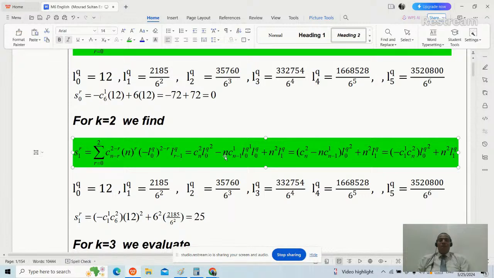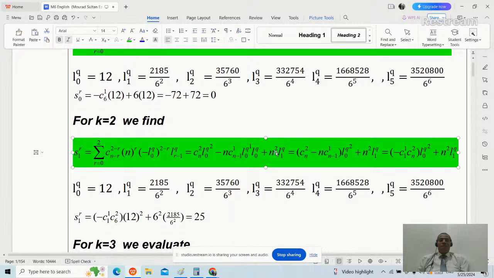Minus, when r equals 1, combination n minus 1 choose 2 minus 1, which is 1, that's why he wrote C n minus 1, 1, times L0 of x over q, since 1 minus 1 is 0, that's why we wrote L0 of x over q here.